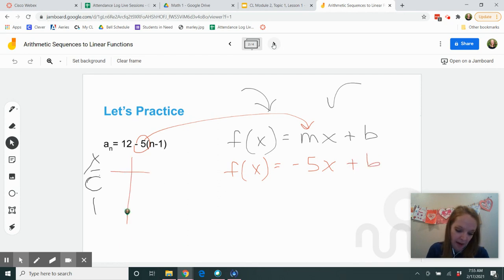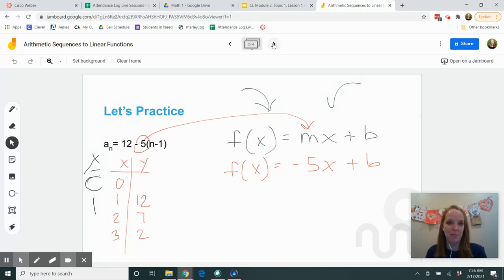You don't have to do the table. I'm just doing it to help a little bit. So the first term of this sequence is 12. When x is 1, y is 12. And every single time it's getting 5 smaller. We're adding a -5, right?